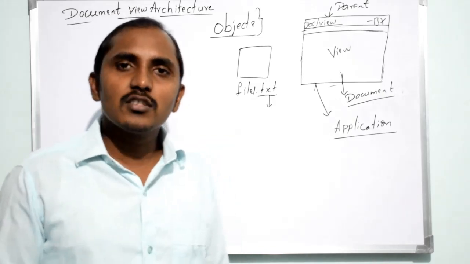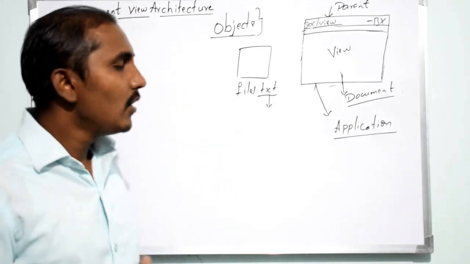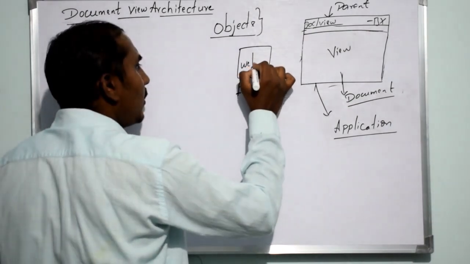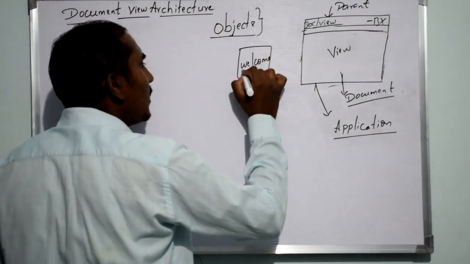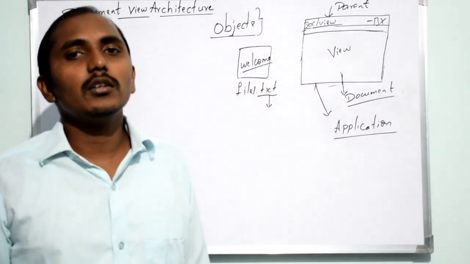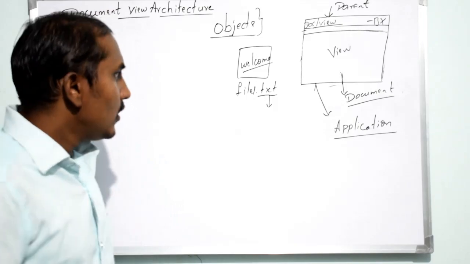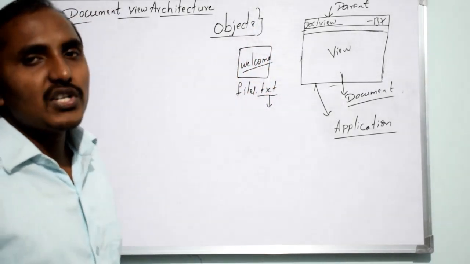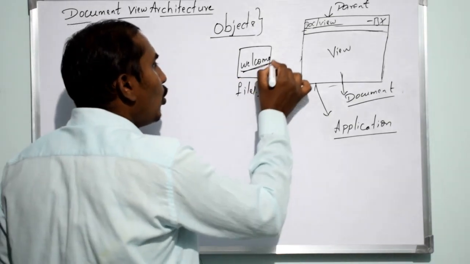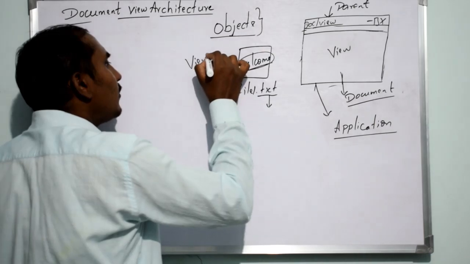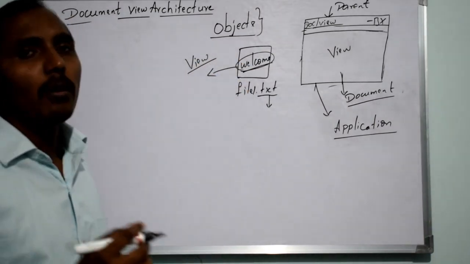Now, I have some data, suppose, welcome. So welcome is the information I have stored in the text file. This information in the file will be stored in one object. The information you are going to store will be acting as the view object.